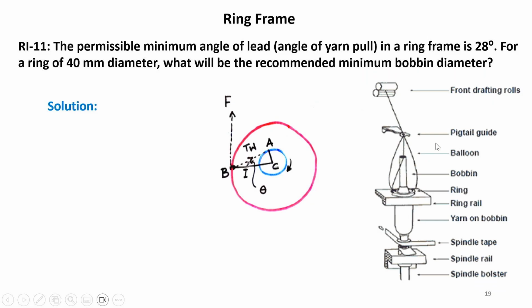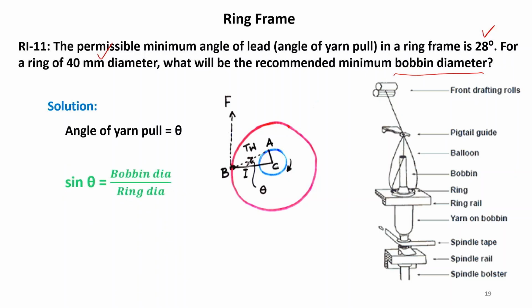Now, another numerical, related to angle of lead and yarn tension. The permissible minimum angle of lead, that is angle of yarn pull, is 28 degree. For a ring diameter of 40 millimeter, what is the recommended minimum bobbin diameter? So, angle of yarn pull is theta, and sin theta will be bobbin diameter by ring diameter.